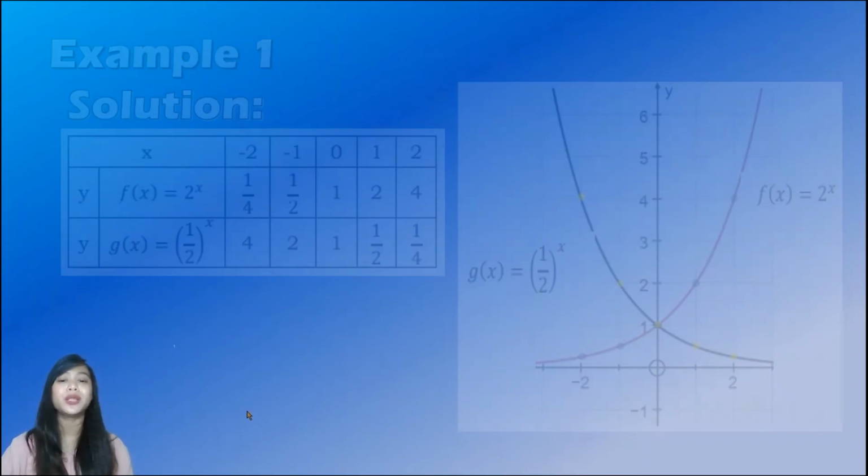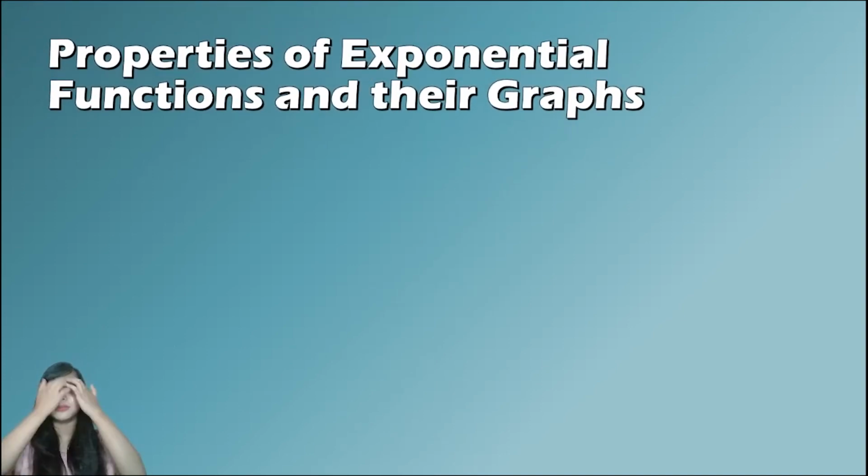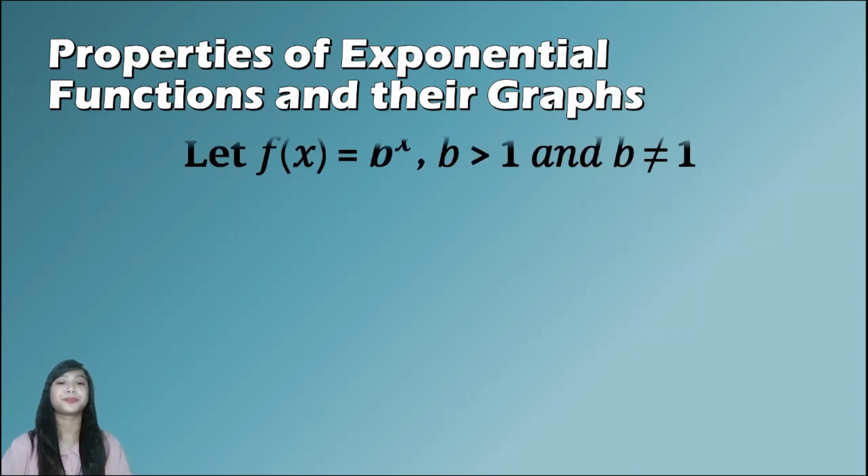So what are the properties of that graph? So we have a specific f of x equals b raised to x, where b is the base, the 2 and the 1/2. So here are the properties of exponential functions. As I've said earlier, let f of x equal b raised to x, wherein your b is greater than 0 and not equal to 1.